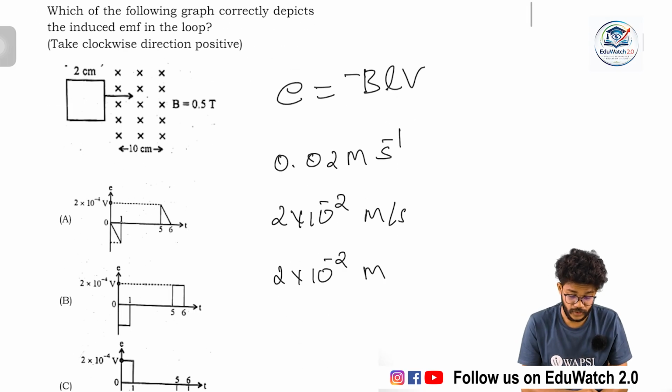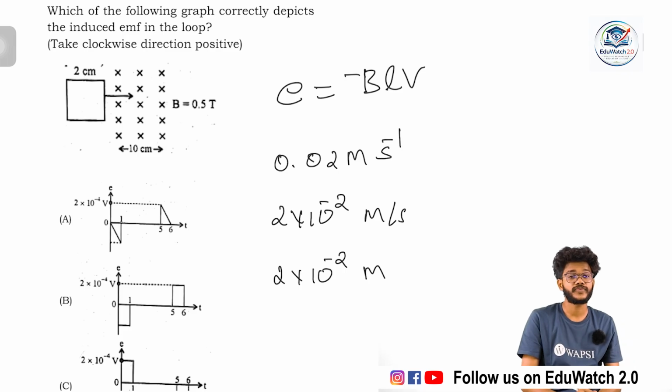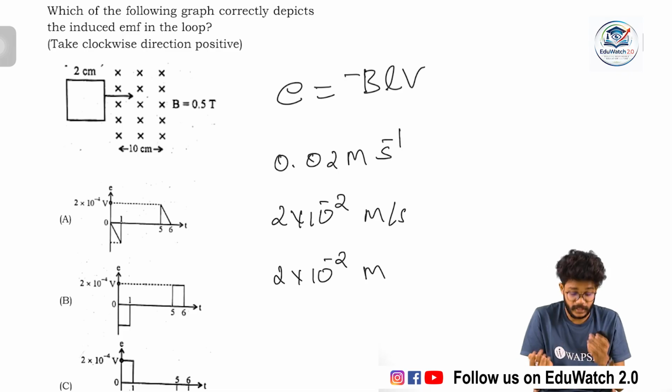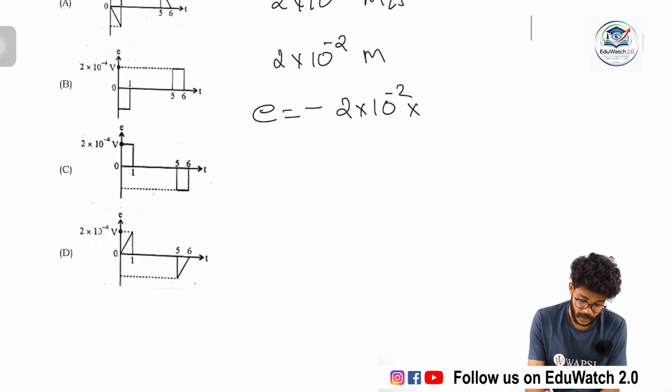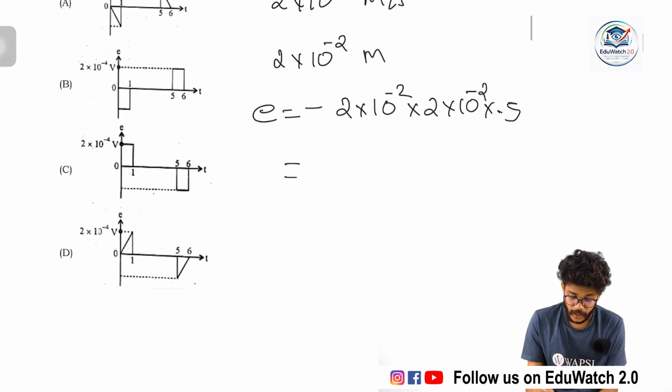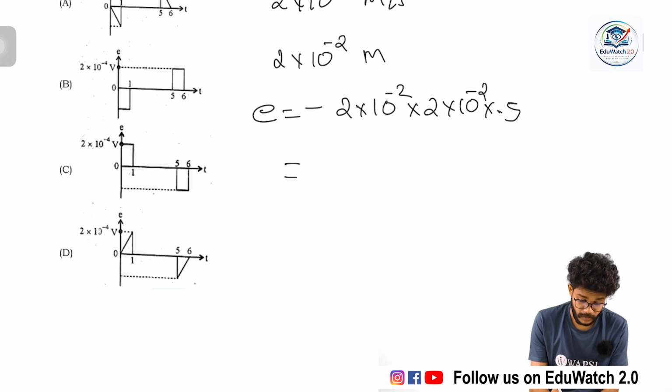So E is equal to minus 2 into 10 raised to minus 2 multiplied by 2 into 10 raised to minus 2 multiplied by 0.5, which is equal to 4 into 0.5, that is 2, so minus 2 into 10 raised to minus 4.